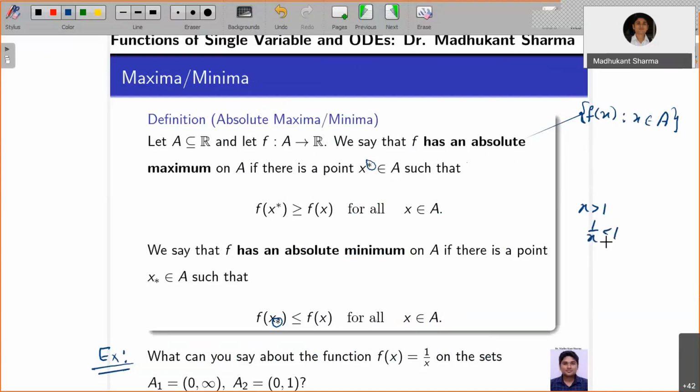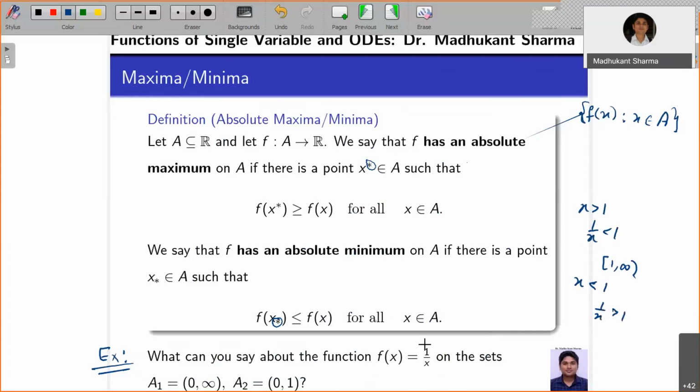So for the interval 1 to infinity, 1 by x is less than 1, and at x equals 1, it is 1. But it is not true for every x: for x less than 1, 1 by x is greater than 1.